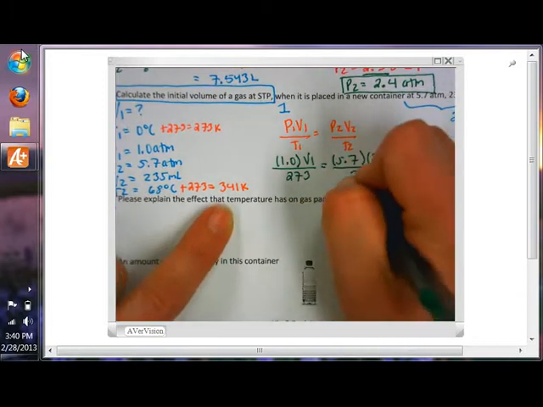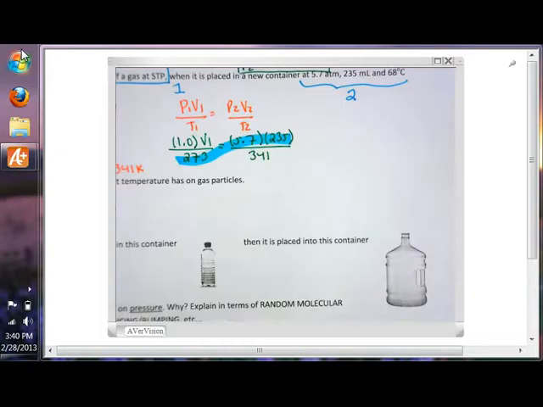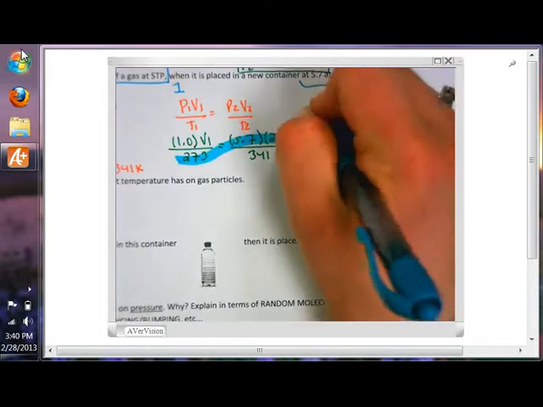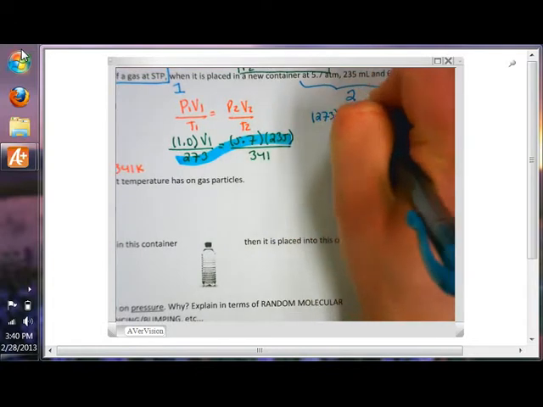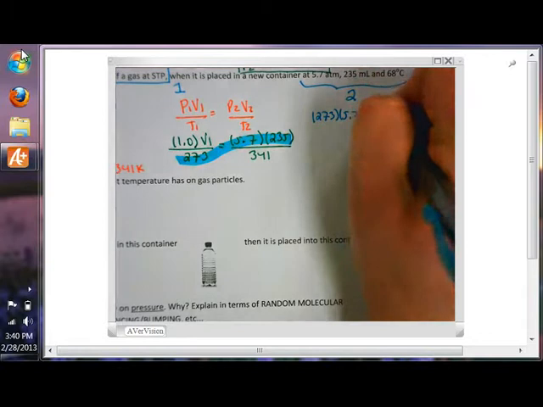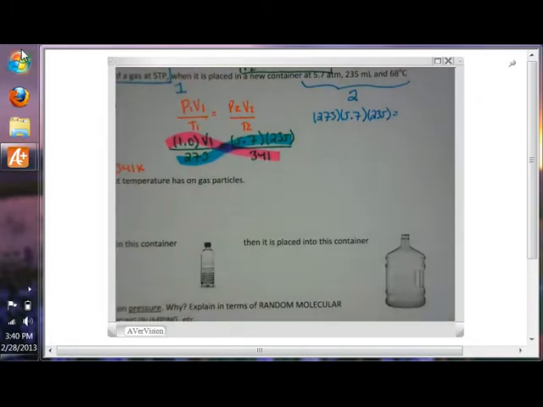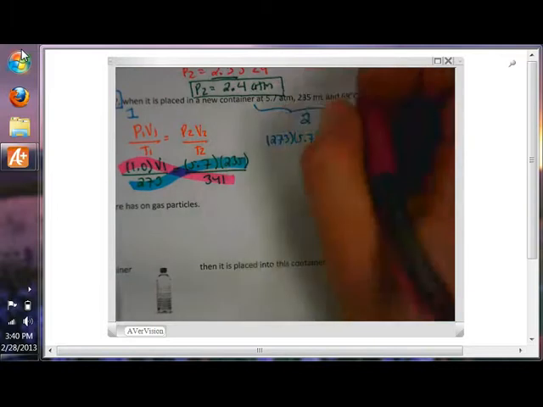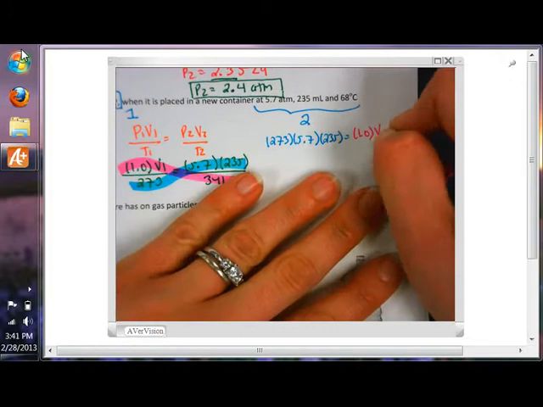So I'm going to cross multiply these. So 273 times 5.7 times 235 equals, cross multiply the other guy, that equals 1.0 times V1 times 341.